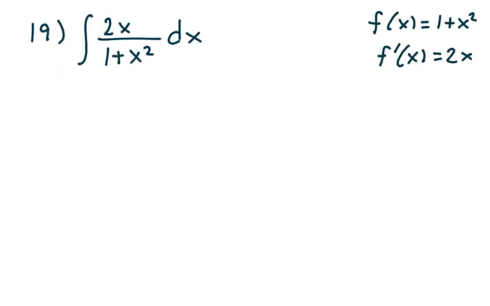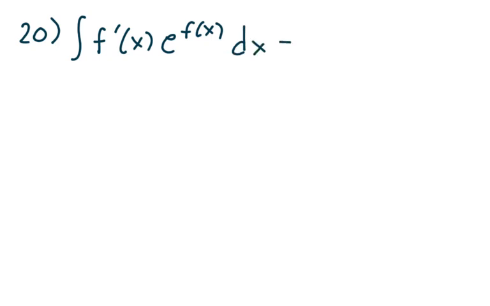And so here, we're going to get natural log of 1 plus x squared plus some constant c. And I want to give you a couple of others. Let's take a look at 20.